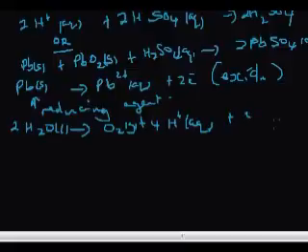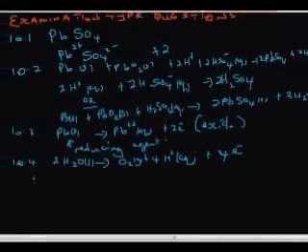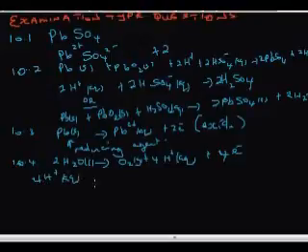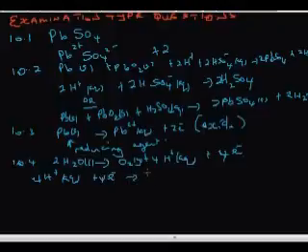We have this straight from our standard reduction potential tables, right? Now we can add 4 hydrogen ions in aqueous form plus 4 electrons, and this gives us hydrogen gas, right?